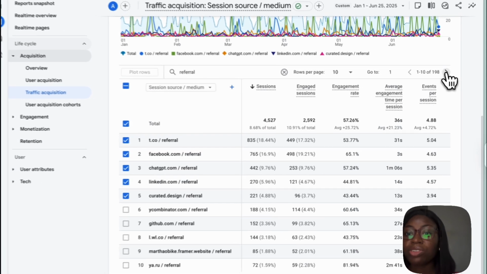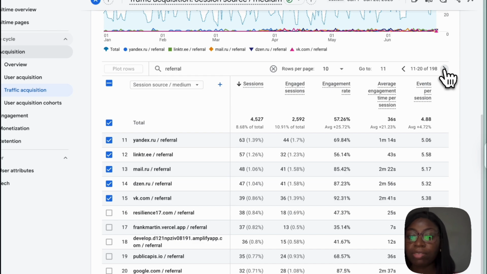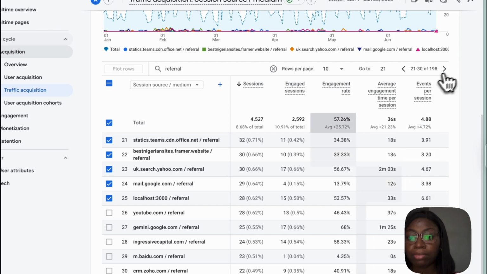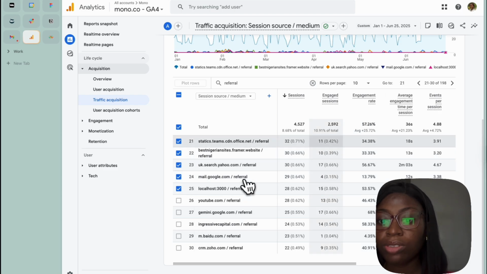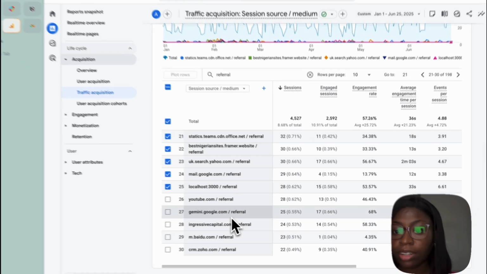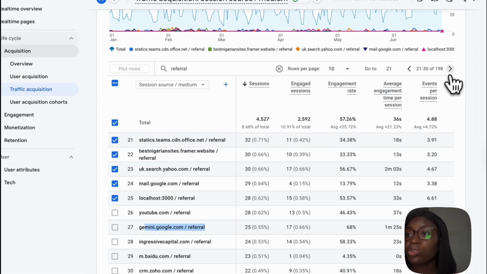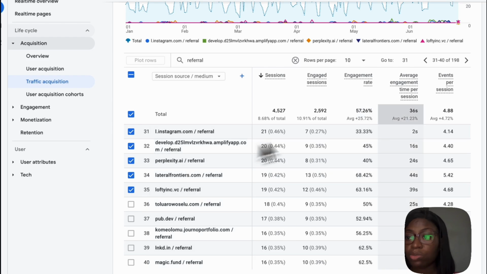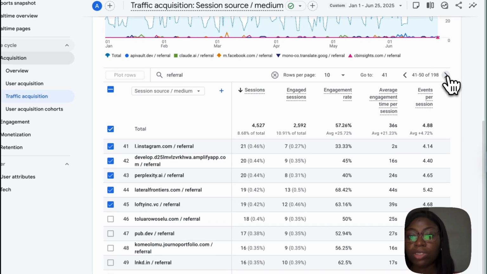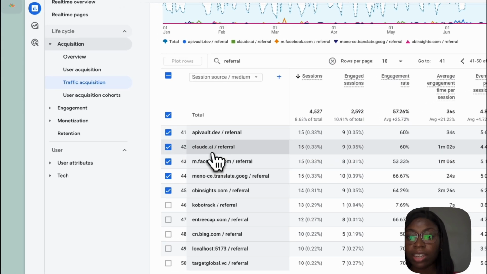Apart from that, we also rank for other AI tools like Google Gemini here. Then we also have Perplexity AI here as well. And we also have Claude AI here as well.